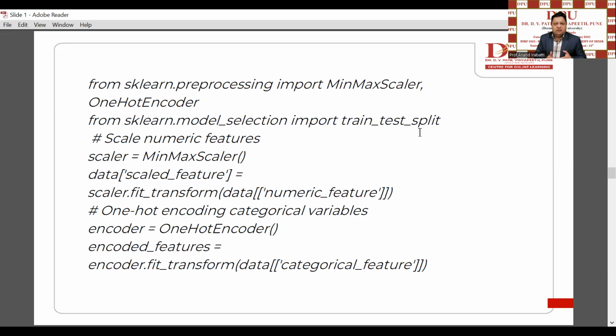Once your model is trained on that 80% of the data, then I can check how well my model has learned by providing the remaining 20% of the data, so that I can compare the result of the actual and the predictions, and check how well my model has learned.